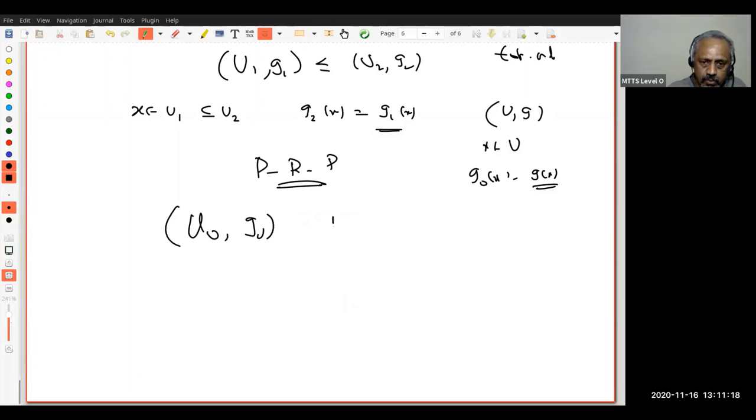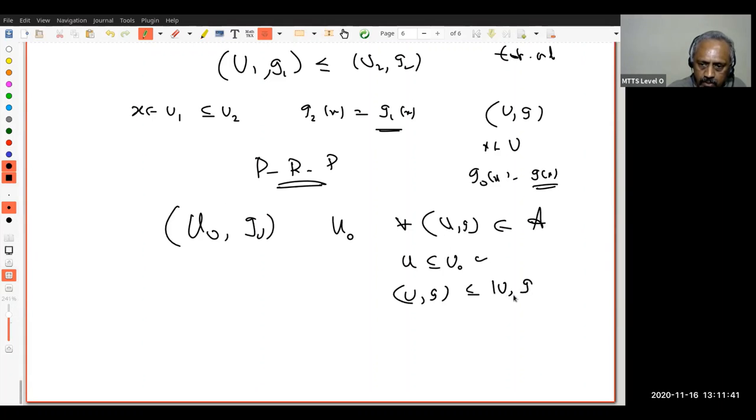For every u g in script A, u is contained in u naught, and also for every u g I know u g is less than or equal to u naught g naught. You understand that?